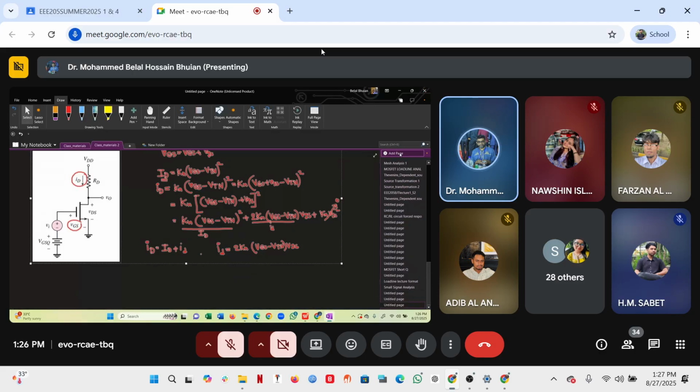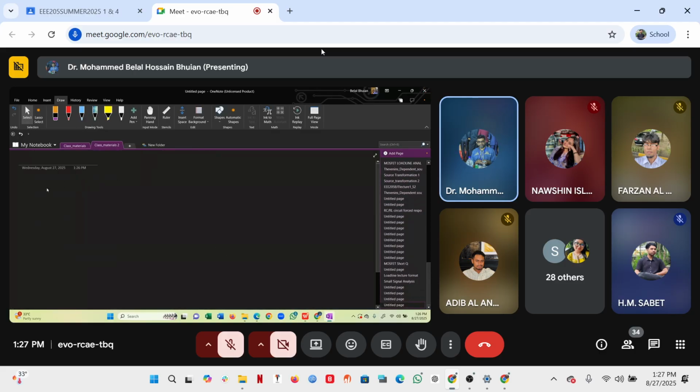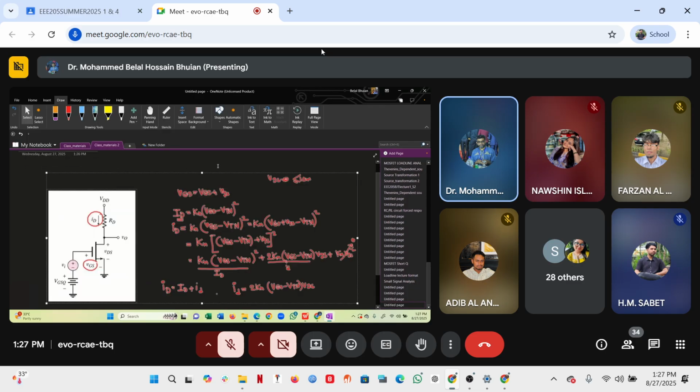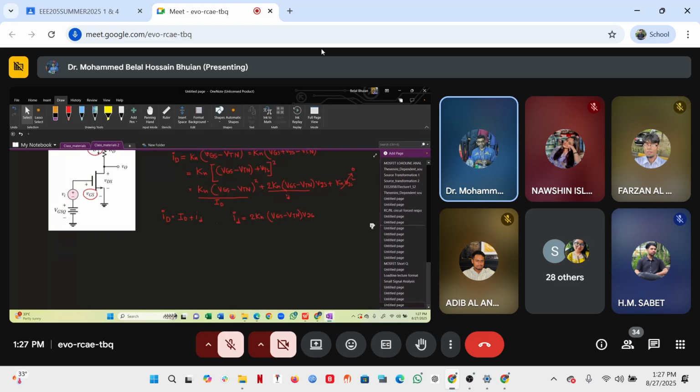Notice here 2Kn is constant, VGS is constant, VTN is constant. So the entire thing we assign to a value, we call it gm. So that is our id equals gm vgs.